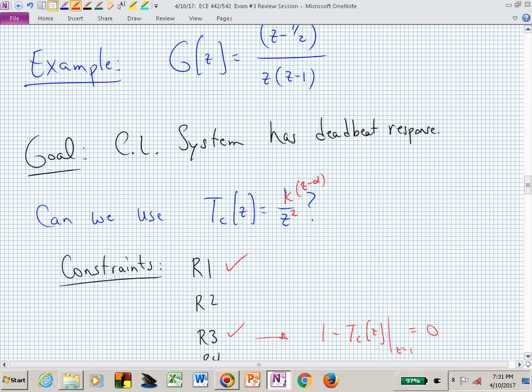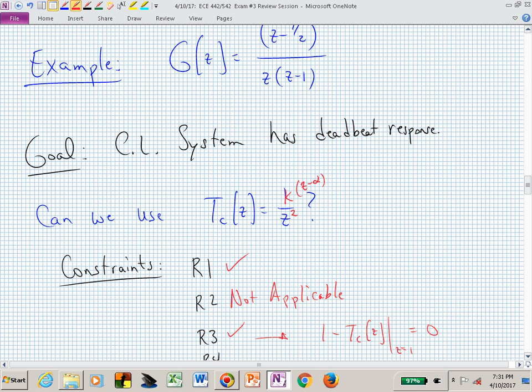Do we need to worry about restriction 2 in this example? Restriction 2 was actually concerned with zeros outside the unit circle. In this case, the 0 is inside the unit circle, so we're okay. We don't have to worry about restriction 2.